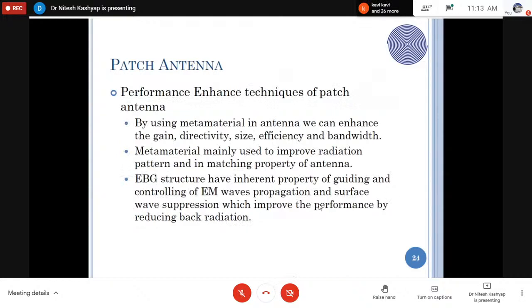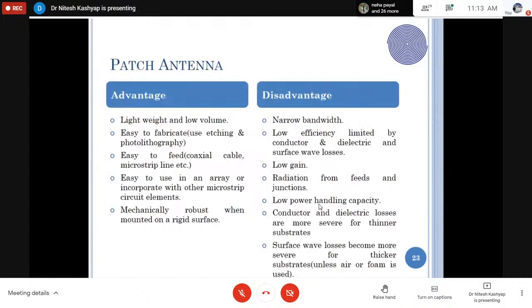Because of the disadvantages, antenna engineers want to overcome them. So antenna designers invented some techniques to improve the performance of the antenna.